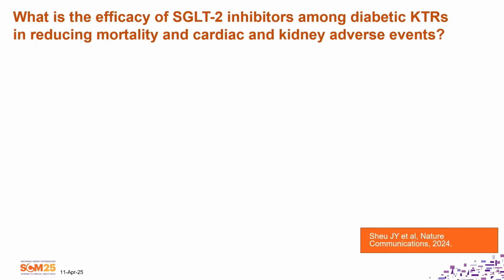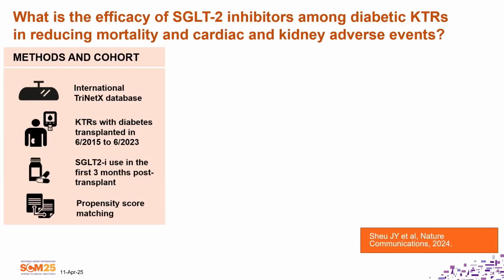All right, so moving on to SGLT2 inhibitors, this is a study that looked at what is the efficacy of SGLT2 inhibitors among diabetic kidney transplant recipients in reducing mortality and cardiac and kidney adverse events. So this is a group that leveraged the international TriNetX database, which used aggregated data looking at kidney transplant recipients with diabetes from 2015 to 2023.